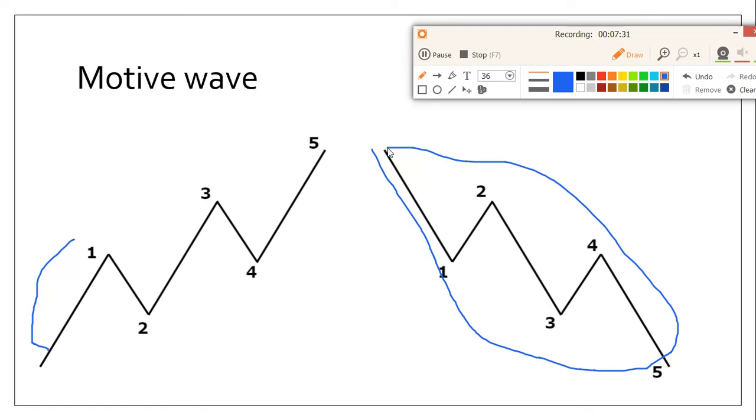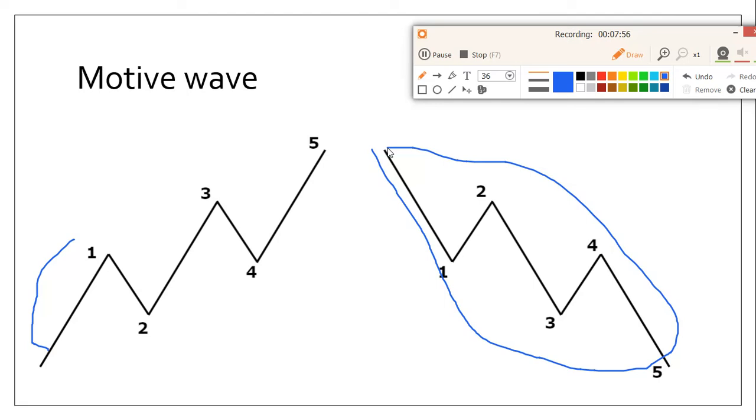So going back, be with me, we've said that we're looking at motive waves, and motive wave is the same as motive mode. So under motive mode, we have two types of motive waves. We have an impulse and we also have a diagonal motive wave. So under an impulse, I've told you that we have a bullish version and a bearish version.